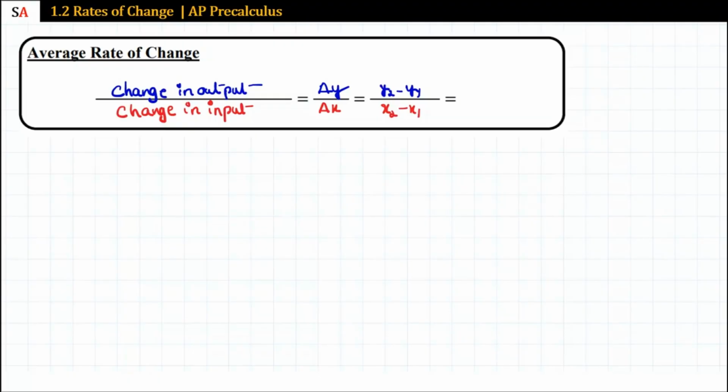You can see this is the slope formula, right? So the average rate of change is just the slope of the secant line.